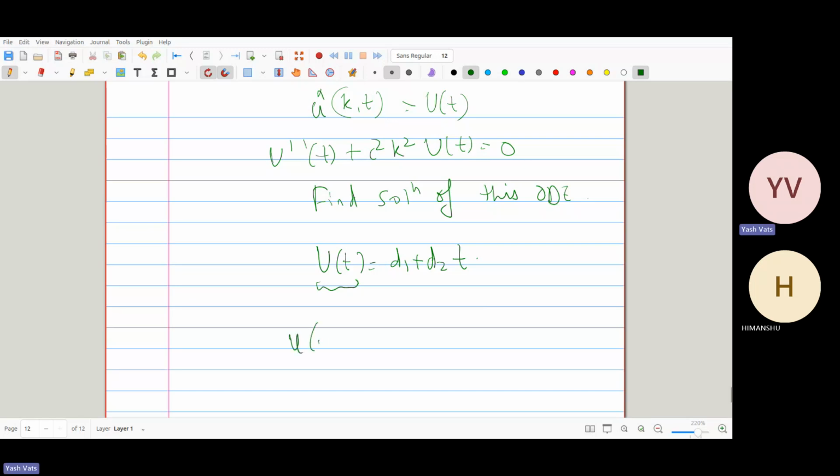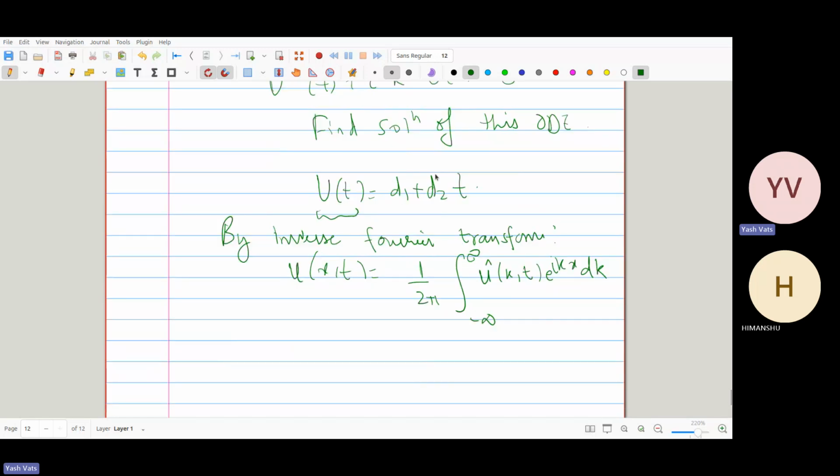If you have to invert it, then u(x,t) is given by the inverse Fourier transform. That's just 1 over 2 pi, integral from minus infinity to infinity of u hat (k,t) e to the power ikx dk.